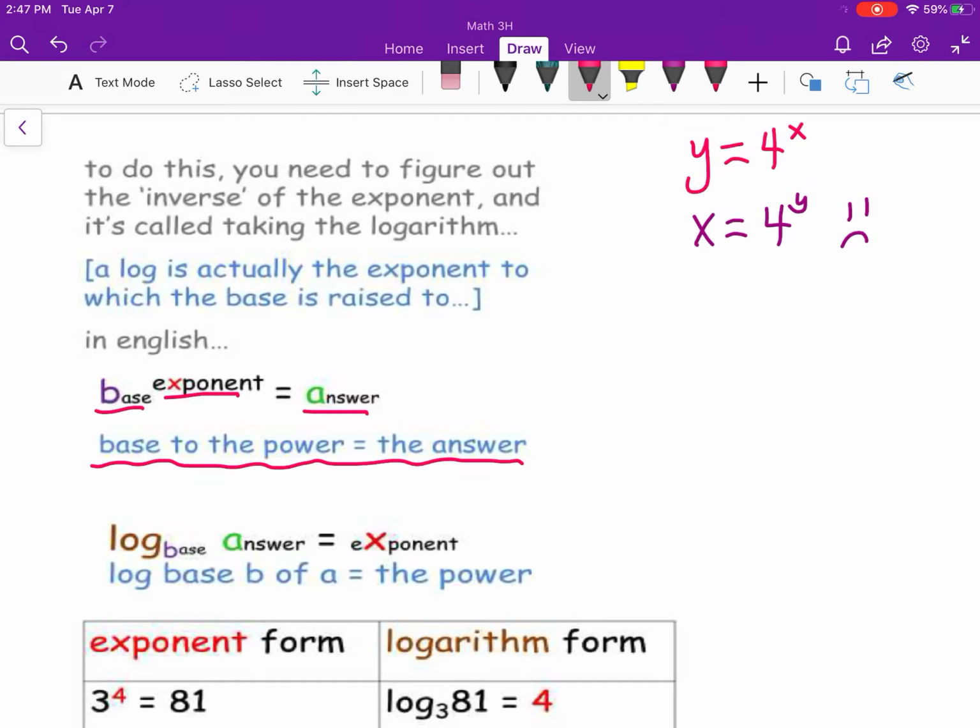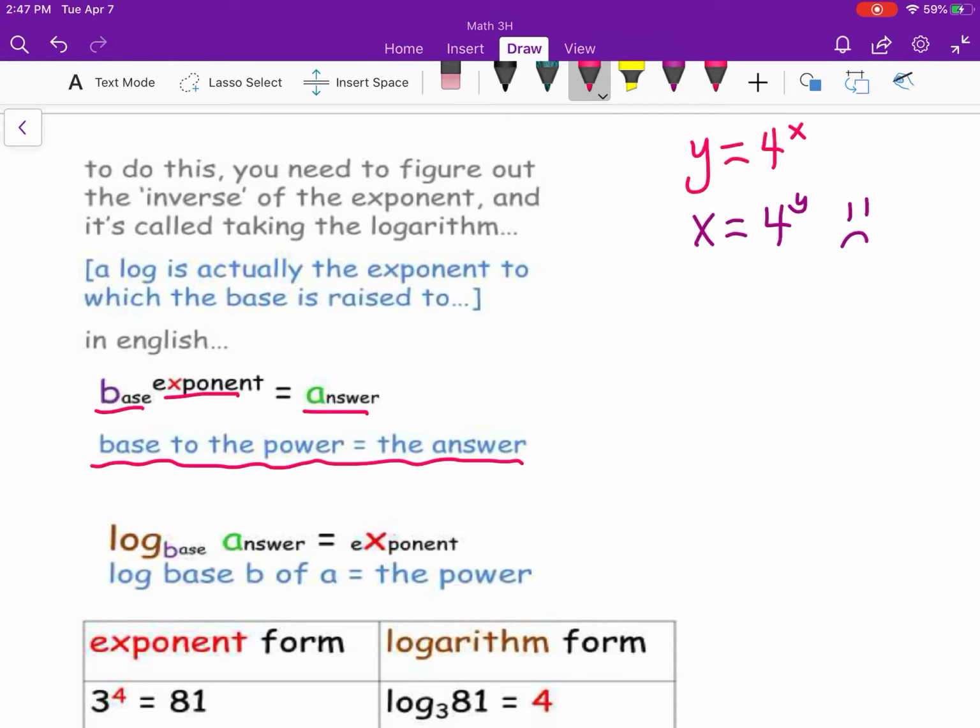To take its inverse, it now becomes the word log, L-O-G. The base is now a subscript. The answer moves over after the log, and the exponent now turns into the answer. So log base b of an answer A equals the power.